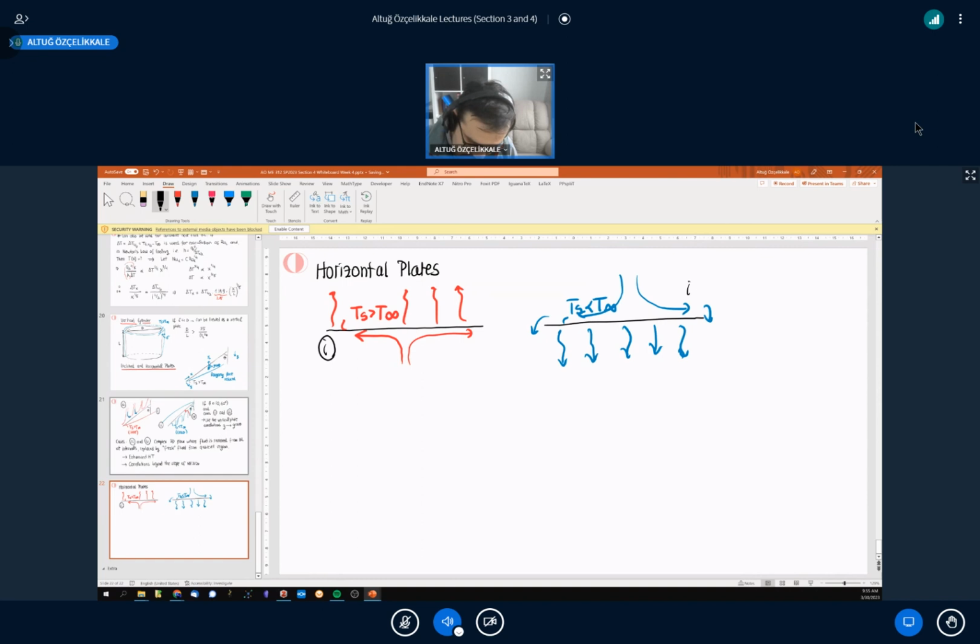This corresponds to what we called case 2, case 3, and case 4, right? So whether we are looking at a hot plate and which surface of that plate versus a cold plate, which surface of the cold plate, we have different situations.